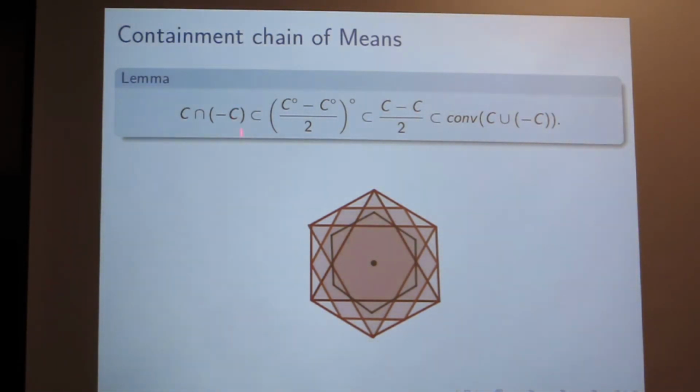Here we have the section of C and minus C. This can be seen as the generalization of the minimum of points A and minus A. The same here, C minus C half, can be seen as some number A minus A half. Here, the union corresponds to the maximum, but because we want to have everything convex, we take the convex hull of the union.